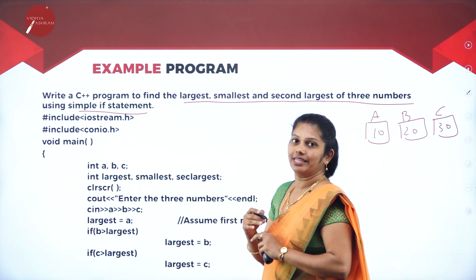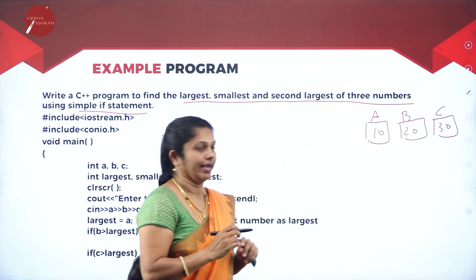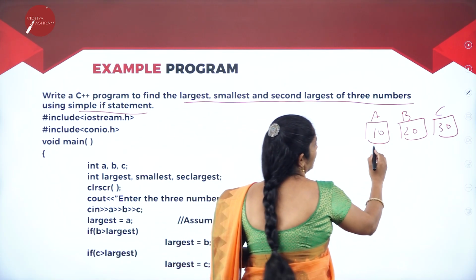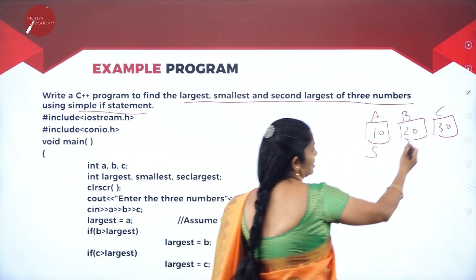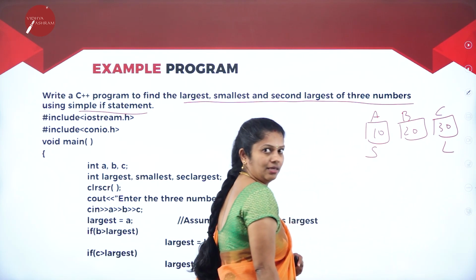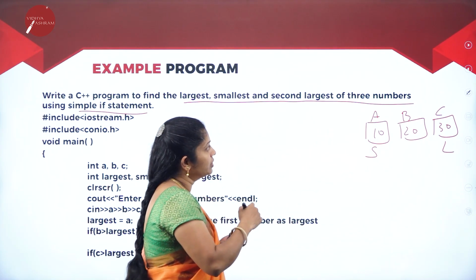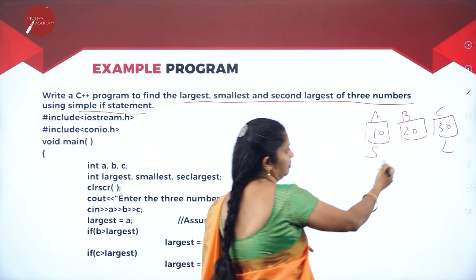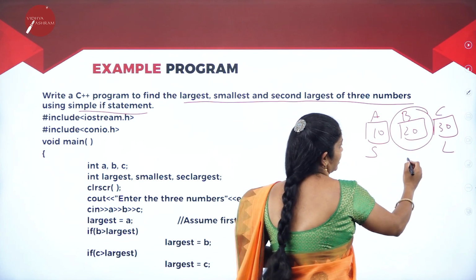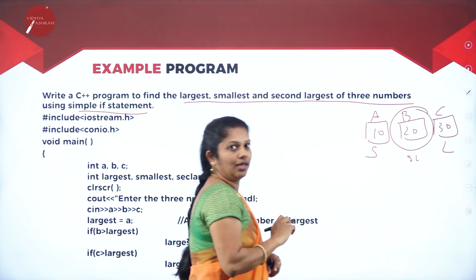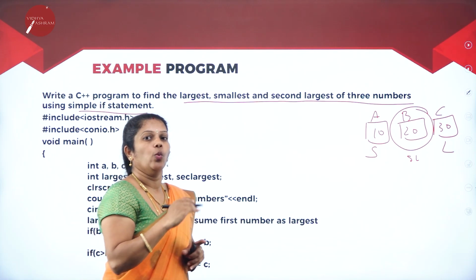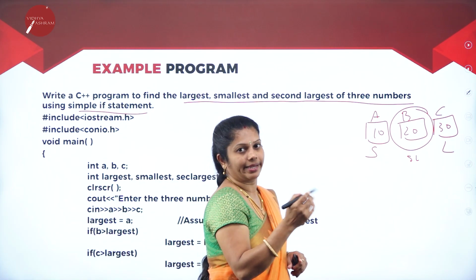Then what's the smallest element here? In this case, the smallest is A, and the largest is C. The second largest will come in between A and C, this is B. Like this, we have to find out the smallest, largest as well as second largest.